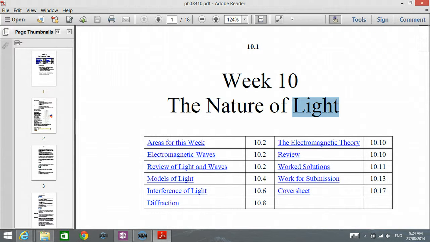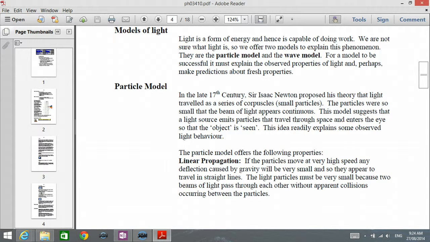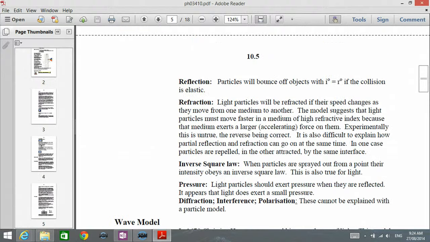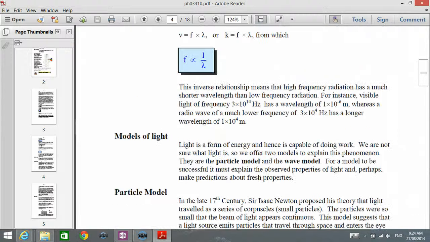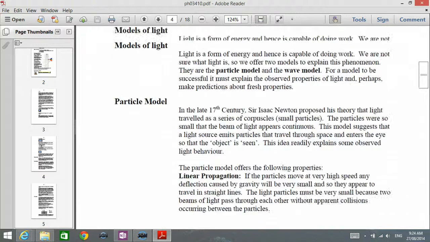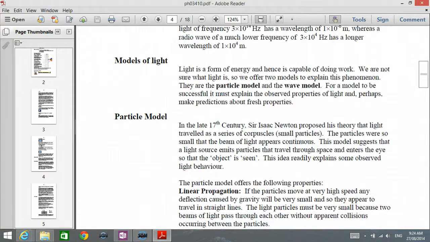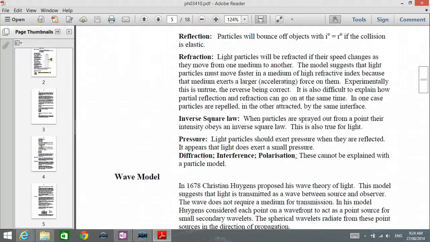So in this case, we have the particle model of light and the wave model of light. No one knows what exactly light is. It is not a particle, it is not a wave. It just sometimes behaves like particles and sometimes behaves like waves.